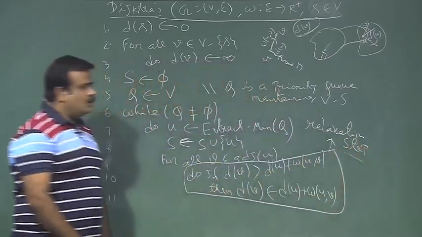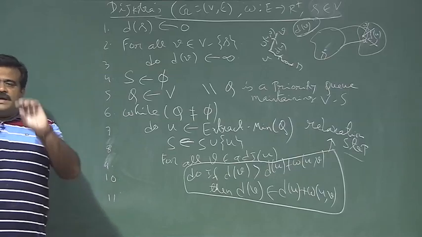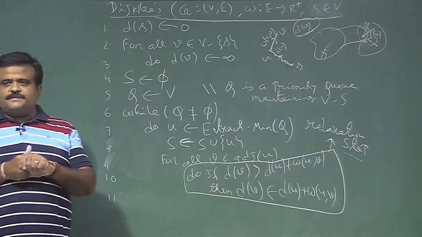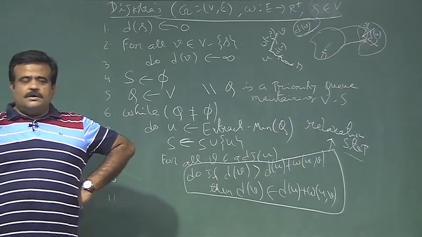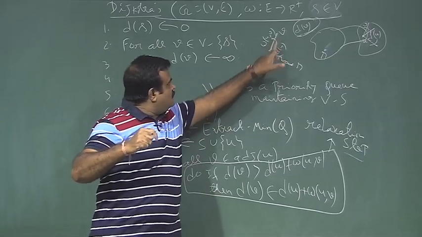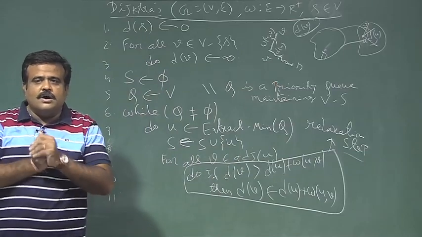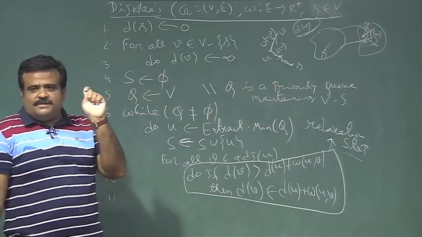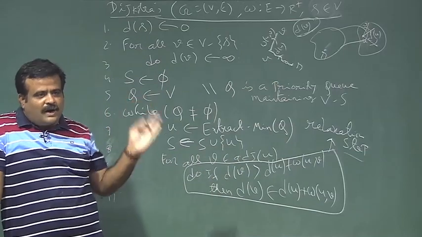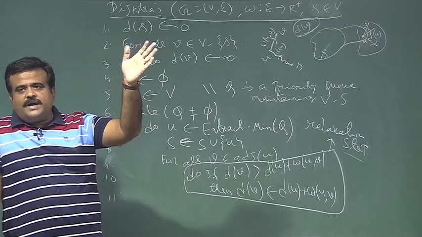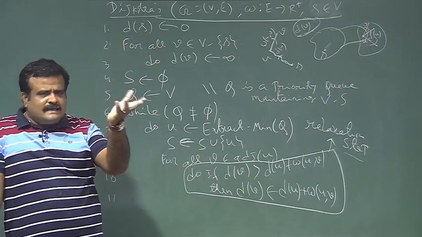Basically, we may already have a distance estimate for a vertex V, which is adjacent to the vertex U that was just recently captured in S. Now V already has some distance estimate, which means there is already a path from S to V with weight d of V.